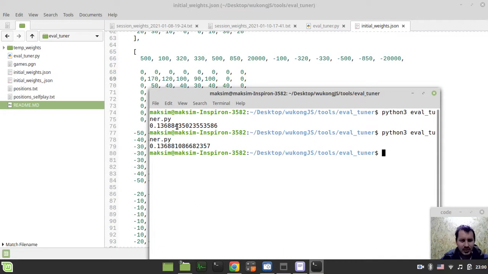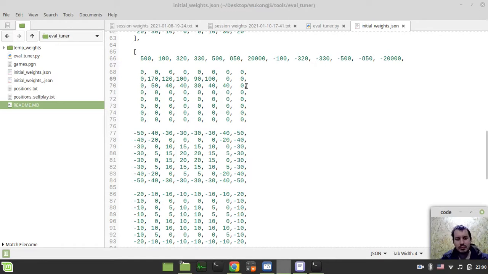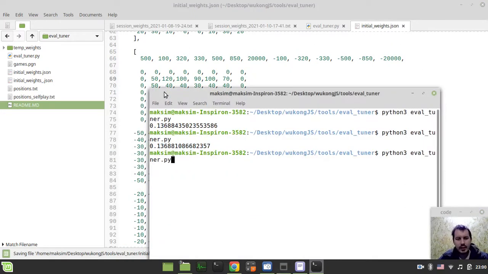Well, in this case it did get minimized, but minimizing the mean square error doesn't always mean that it is actually better. So let me make this back to 50. At least now it should get increased, I hope, because this is a little bit weird.